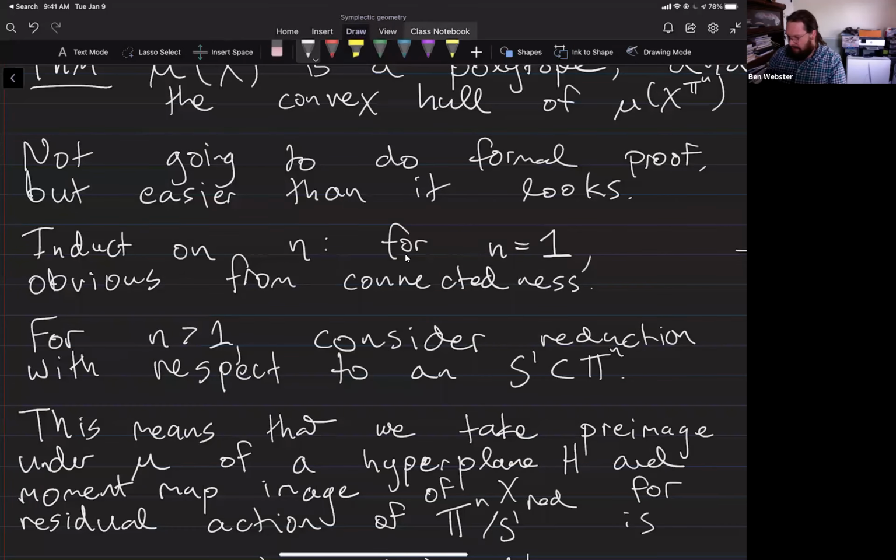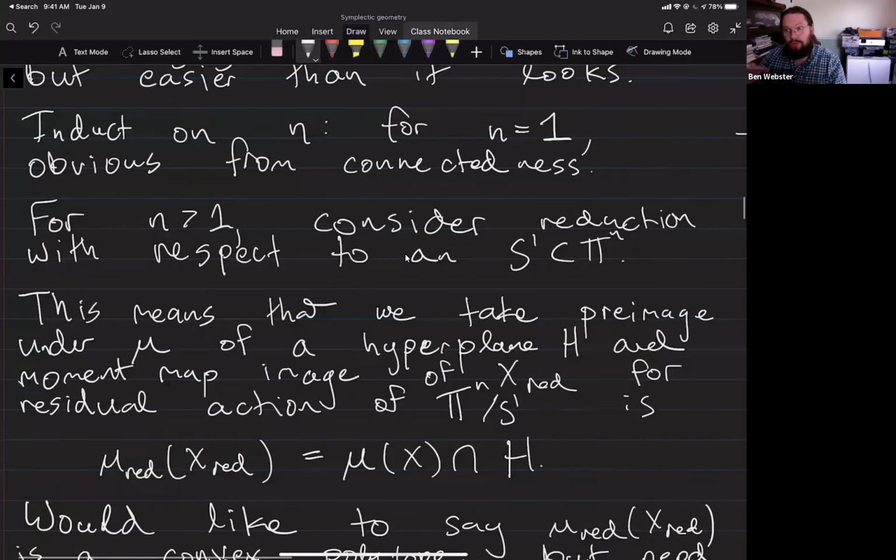All right. For n greater than 1, the way I like to think about this is to consider what happens when you do symplectic reduction with respect to an S1 inside your torus. There are a bunch of these coming from every line with rational slope, any line that points in the direction of something in Z to the n. And we can consider reduction with respect to that S1.